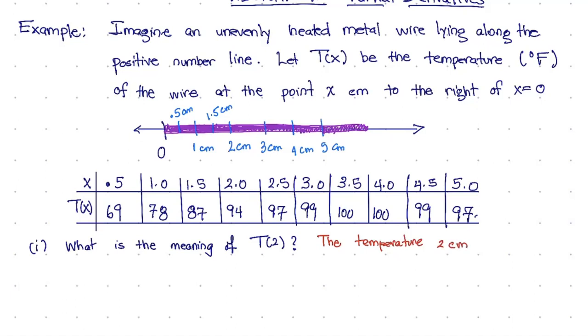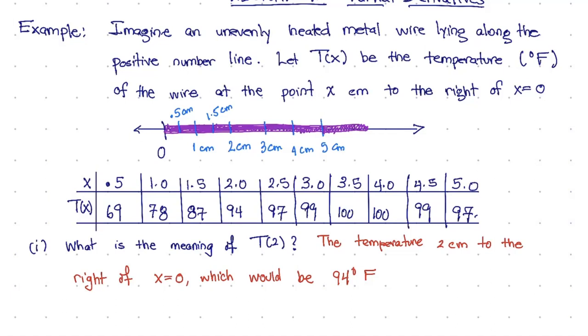According to the table, that is 94 degrees Fahrenheit, since at 2 centimeters to the right of 0, the temperature is measured to be 94.